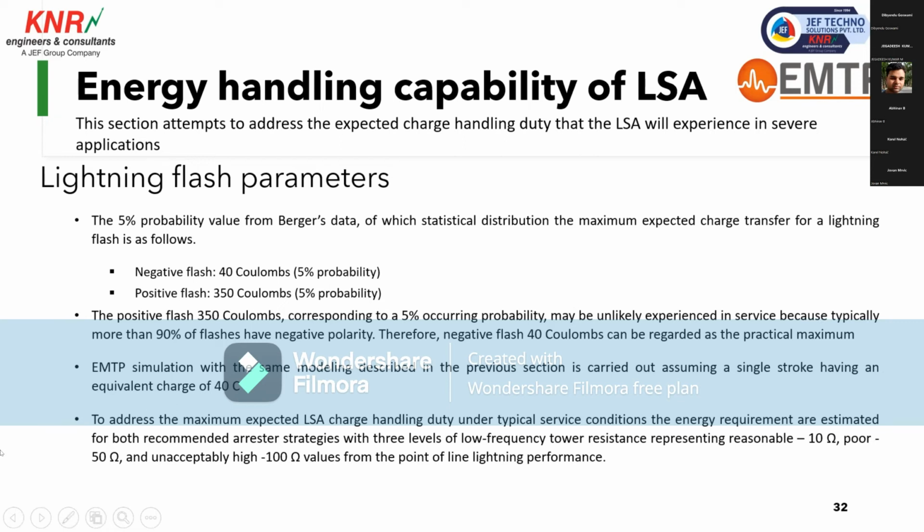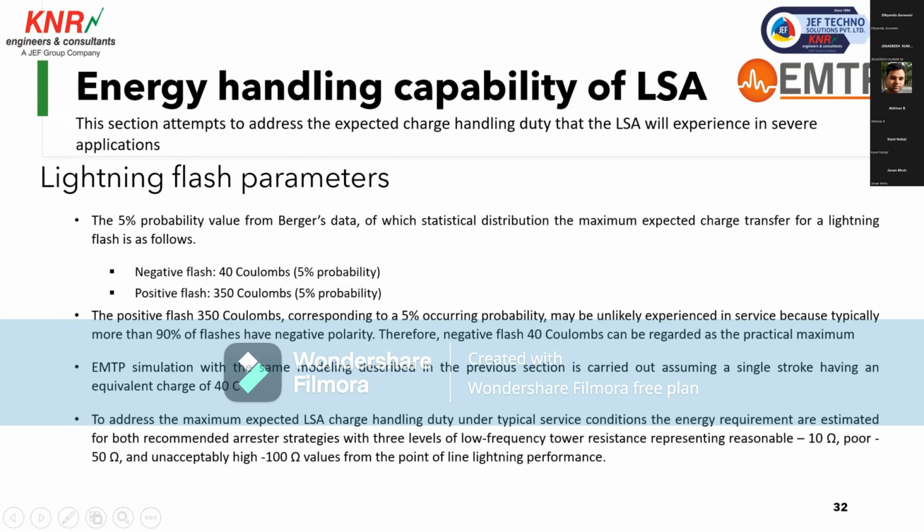So in EMTP, we simulate the same network again with the same model. We strike a single lightning stroke with 40 coulombs of current to the tower, and we vary the tower footing resistance: 10 ohms, 50 ohms, and 100 ohms.